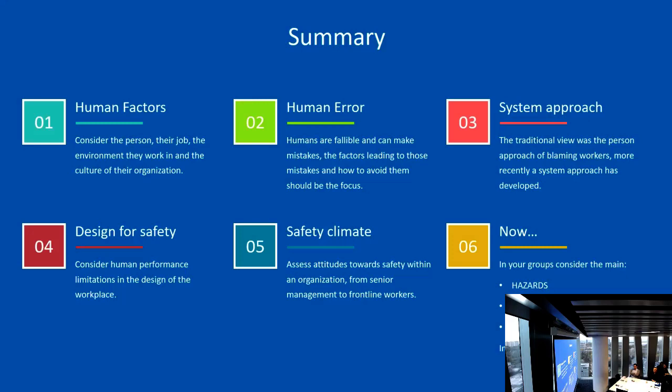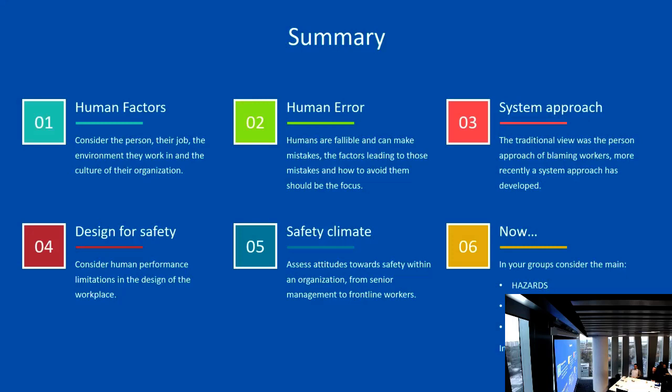We need to take a system approach, so we're not looking to blame individuals, we're looking at the organisation as a whole. We want to design for safety, considering human limitations when putting together the workplace. And we need to emphasise safety climate, thinking about all of the attitudes towards safety within the organisation, and make sure that safety is the priority.